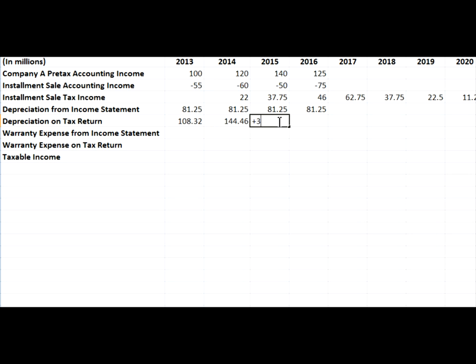And then the next year is 14.81%. And the following, the last year is 0.741%. Okay, so there's our MACRS there. And we have to net these, so we might as well set the spreadsheet up where it actually works.